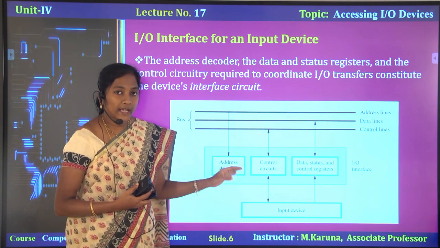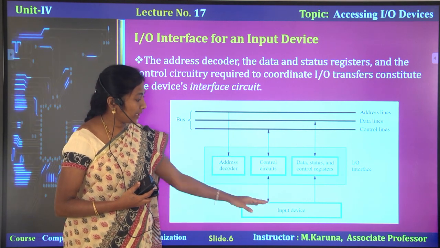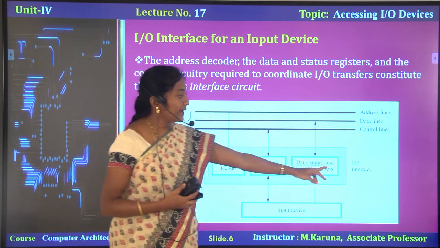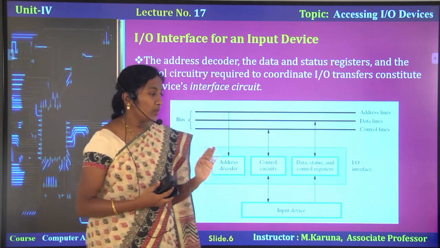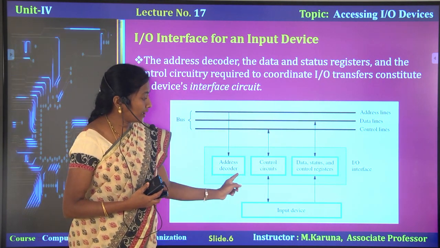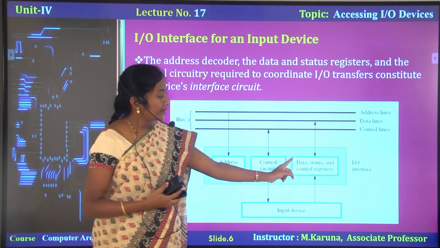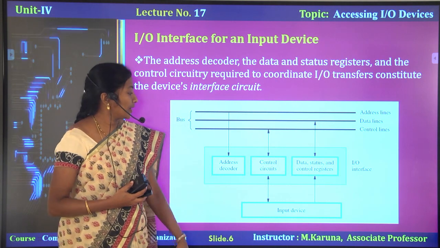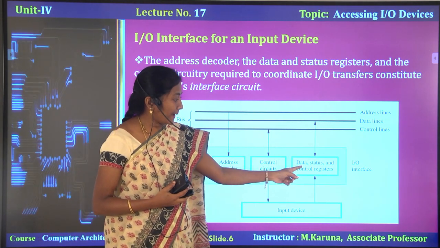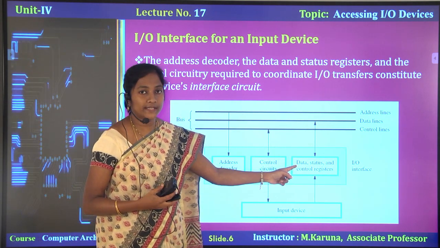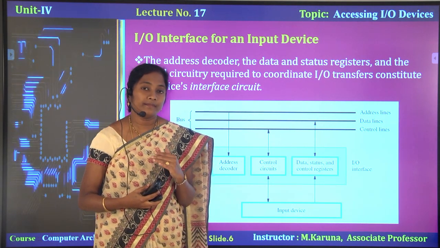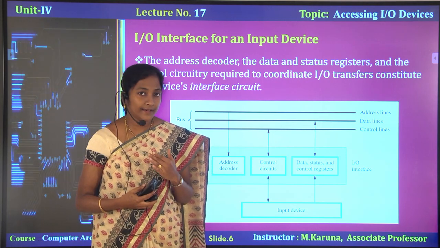A circuit is required to connect the input device and the bus, known as the I/O interface circuit, which consists of an address decoder, control circuits, and data, status and control registers. You already know about the data register. If you take an input device, the data register may be a data in register.